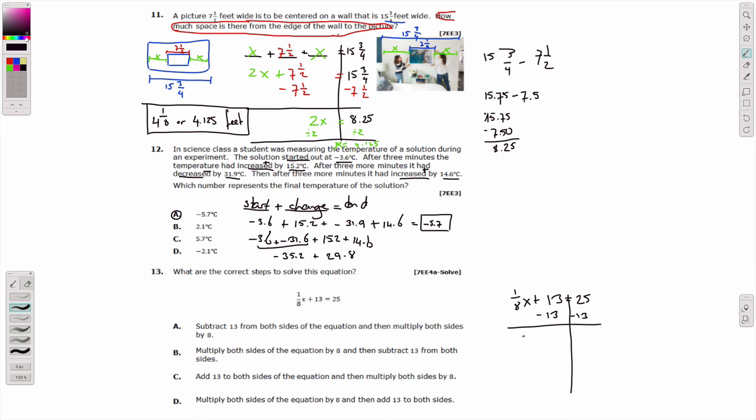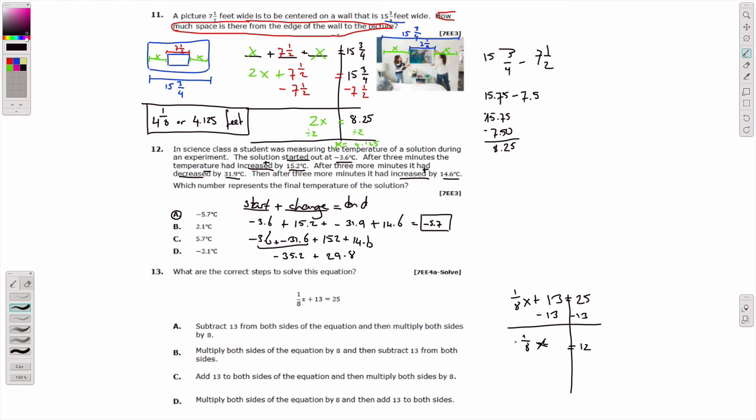Now I have remaining 1/8 x is equal to 12. 25 minus 13 is 12. 5 minus 3 is 2, and then 2 minus 1 is 1. Now I have 1/8 x. I can make 1 by dividing or by timesing by the reciprocal.